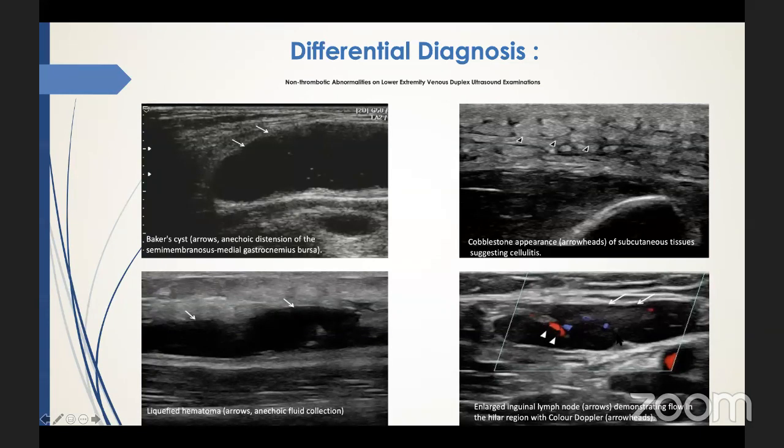For example, if a patient had a total knee replacement or a hip replacement and got infected, the lymph system starts to respond to that and the nodes get enlarged with blood supply through the lymph nodes.